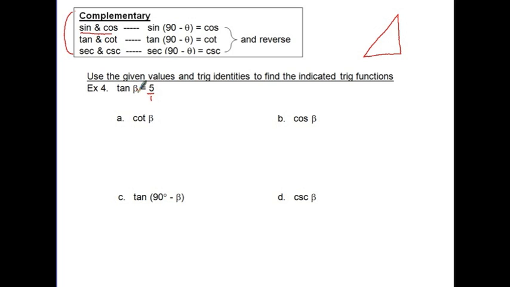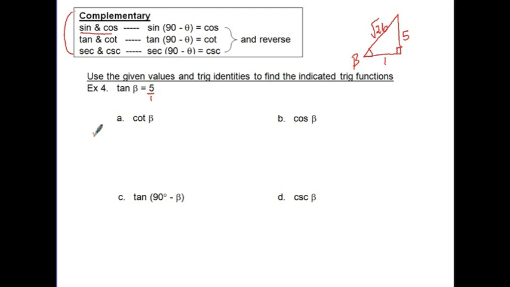So if this is my angle here, if this is beta over here, opposite is 5, adjacent is 1. We know this is our right angle. So can you use Pythagorean theorem to figure out your hypotenuse? You should be able to do that at this point, and come it to be square root of 26. Okay? So that's going to help us solve some of these.